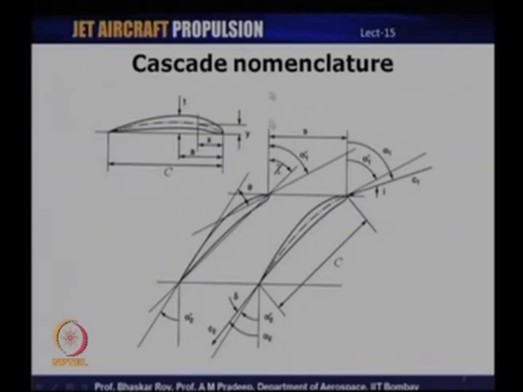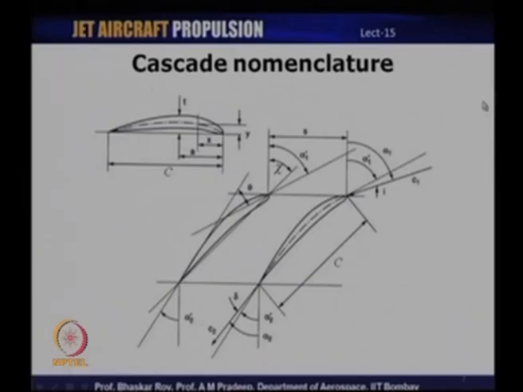So, this is the axis of the cascade, and the angle between the chord and the axis of the cascade is the stagger angle. As we mount the blades on the cascade turntable, they can be set at a desired angle. So, we can also change that, and that is known as the stagger or the setting angle at which these blades are set with reference to the cascade axis.